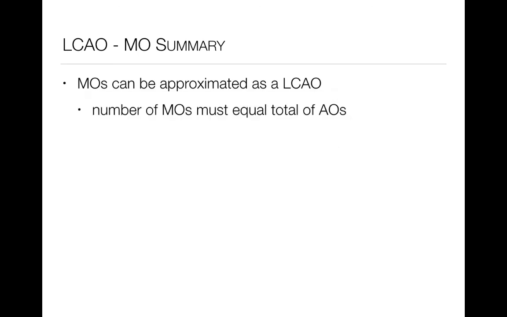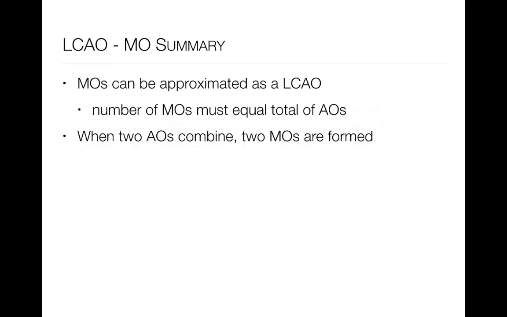We have to get the same number of molecular orbitals out as the number of atomic orbitals we are combining. So if I combine 2 atomic orbitals, I get 2 molecular orbitals out, or if I'm combining 4 atomic orbitals, I get 4 molecular orbitals out, etc. So the number of MOs out has to equal the total number of atomic orbitals that go in.